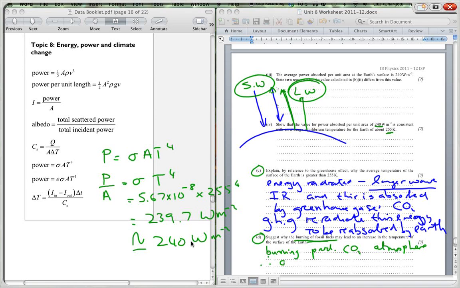Therefore, you have an enhanced greenhouse effect, GHE, and therefore you're going to get more energy radiated back to the Earth.